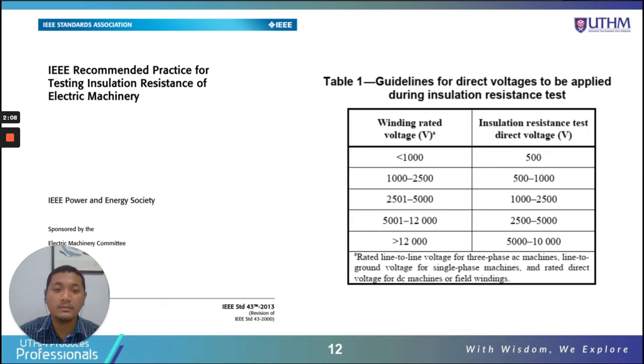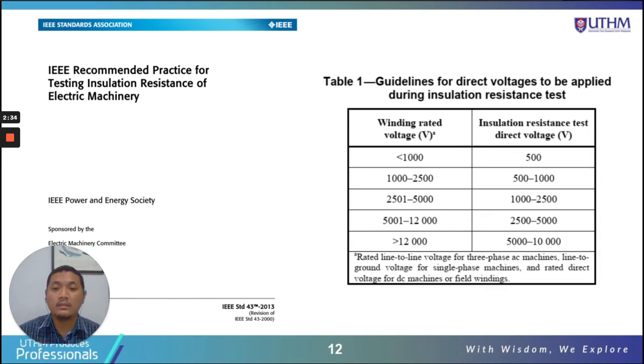So this is the standard, so many pages. One of the important parts I want to show you is Table 1 here, taken from IEEE Standard 43. Table 1: guidelines for direct voltages to be applied during insulation resistance test. The IR test is a high voltage test.